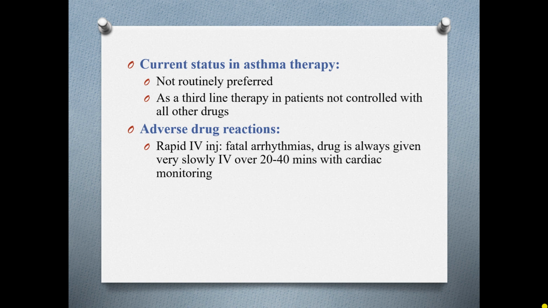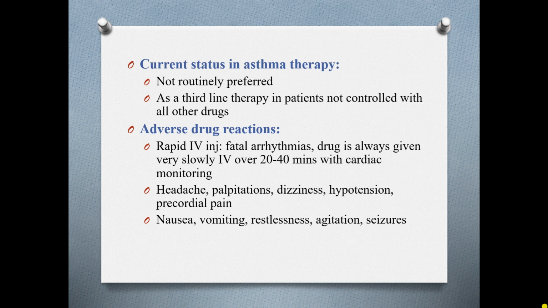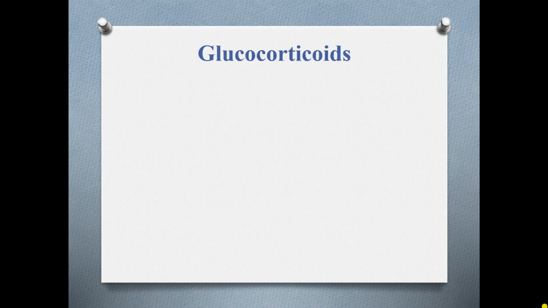So the drug is always given IV very slowly over 20 to 40 minutes with cardiac monitoring facility available. It produces headache, palpitation, dizziness, hypotension and precordial pain. Nausea, vomiting, restlessness, agitation and seizures have been precipitated. It produces behavioral disturbances also.